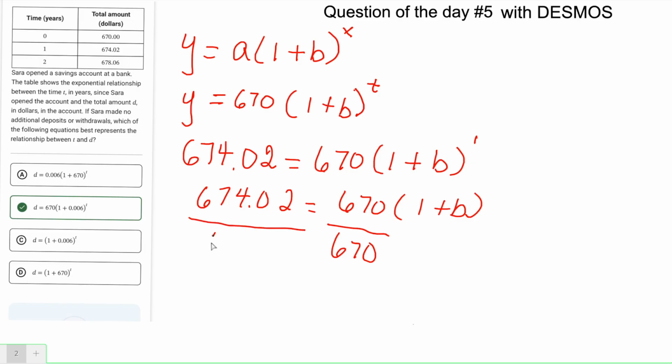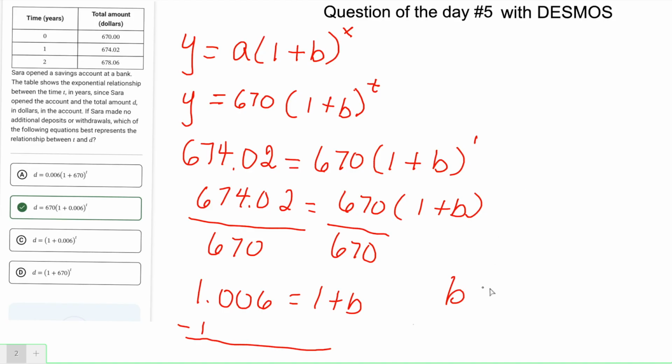If you divide by 670, you'll have 1.006, and you will have this 1 plus B. So that's what 1 plus B is. All right, let's get rid of this 1 so we can know what B is. Well, you're just going to subtract 1. And obviously, if you subtract 1, B equals 0.006.